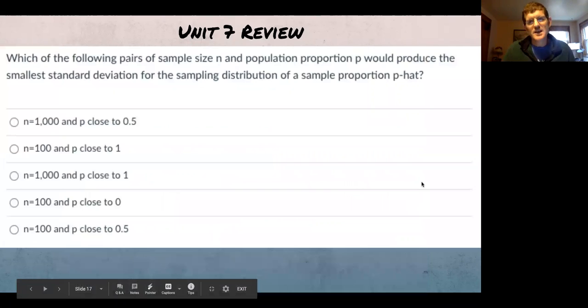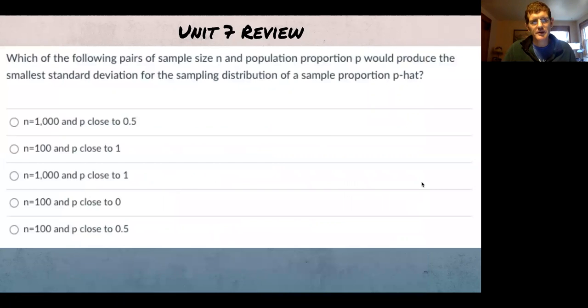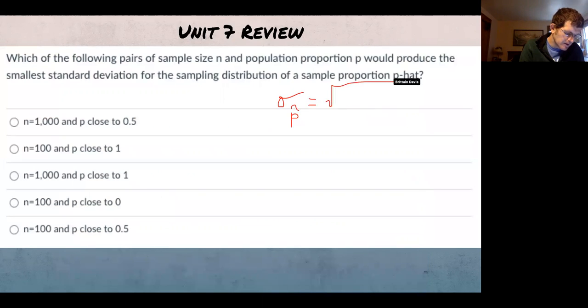Okay, same kind of question going on here, just a little bit of different nuance added in. What is going to produce the smallest standard deviation for the sampling distribution of a sample proportion p hat? And here I want to bring up this formula, which is the square root of p times 1 minus p, divided by n.